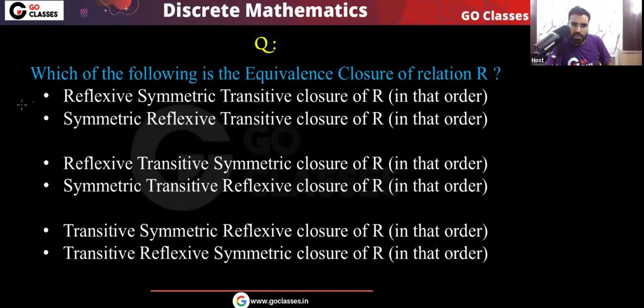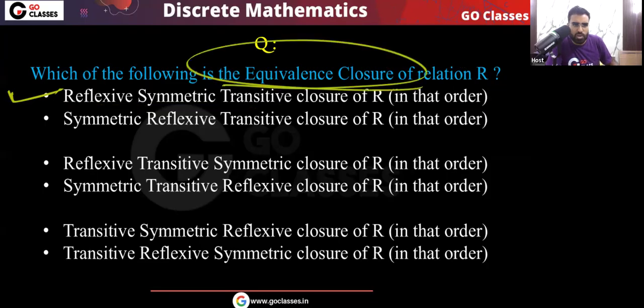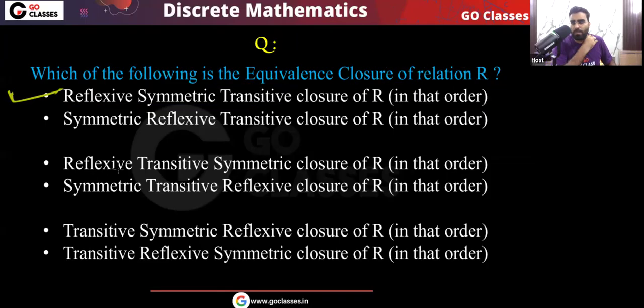We already know that this first one will give me equivalence closure of relation R. Reflexive, symmetric, transitive, in that order. This will give me equivalence closure of relation R, that we already know.